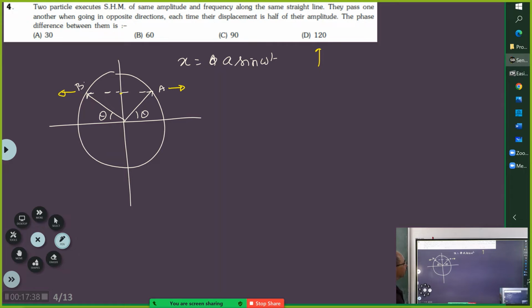So they pass with opposite direction each time, and the displacement is half. Half means this theta must be pi by 6, that is 30 degrees, and therefore this must be 120 degrees. So these are the directions. Got it? Excellent. Simple, very simple.